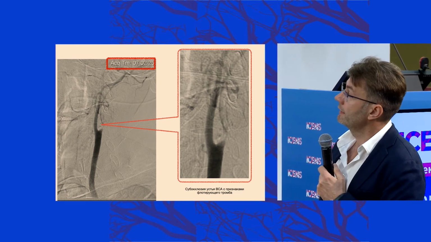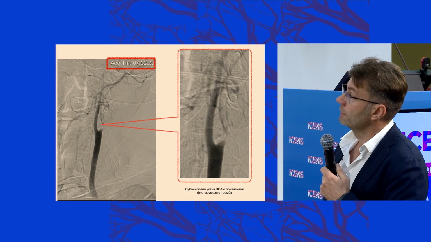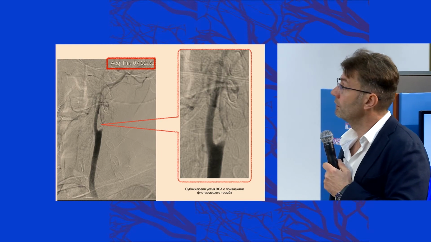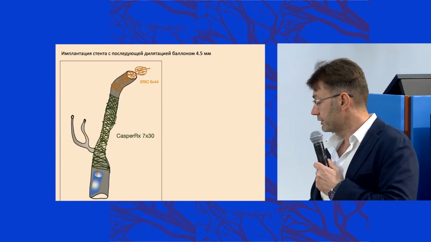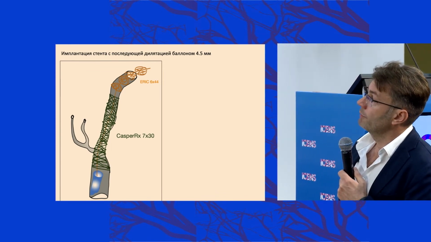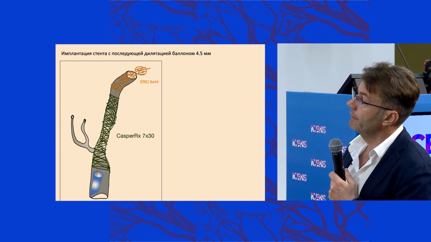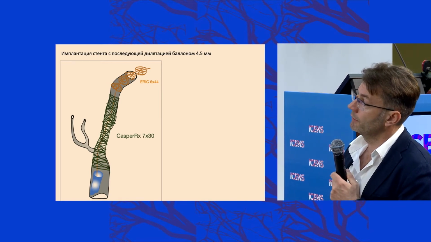Here, the occlusion of ICA was a subocclusion with the sign of a floating clot on ICA. Here we used an occlusive guide wire catheter. We didn't have it at the moment, so we decided to go for a technique described earlier. We used the Eric retriever as the filter to protect from distal embolia.